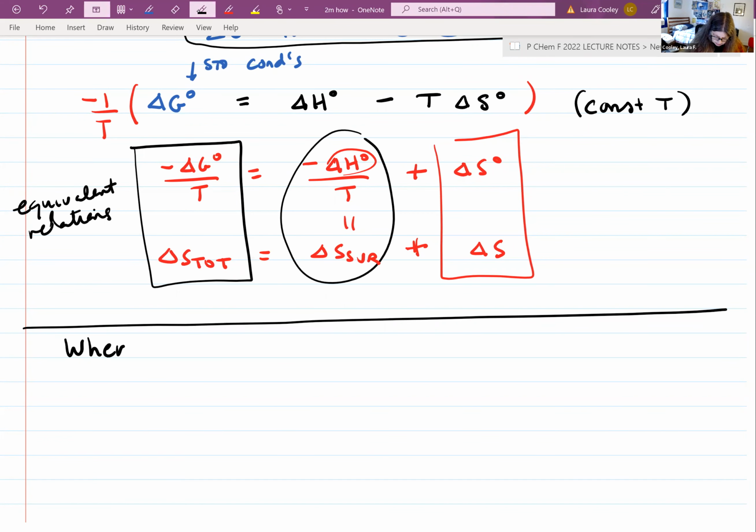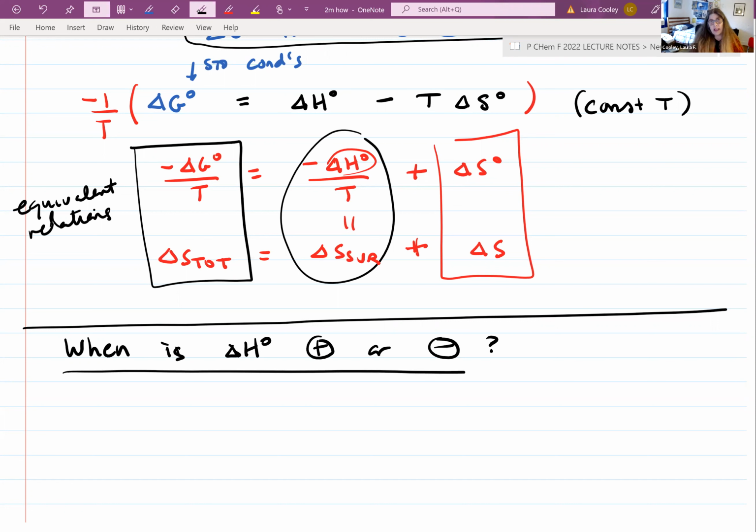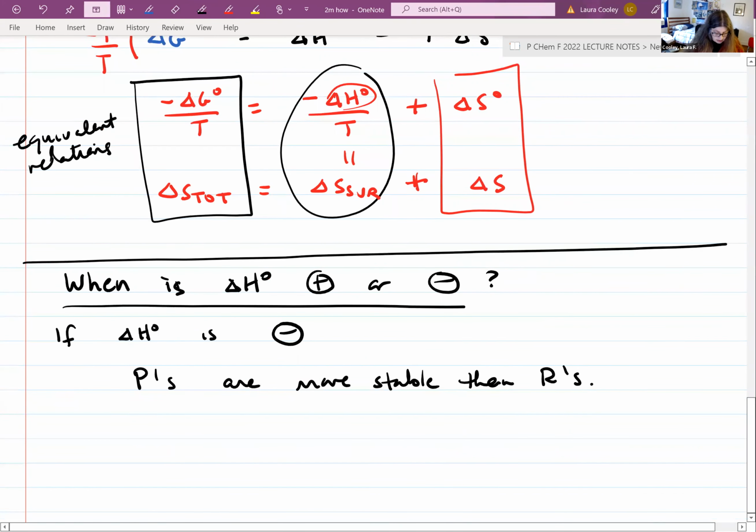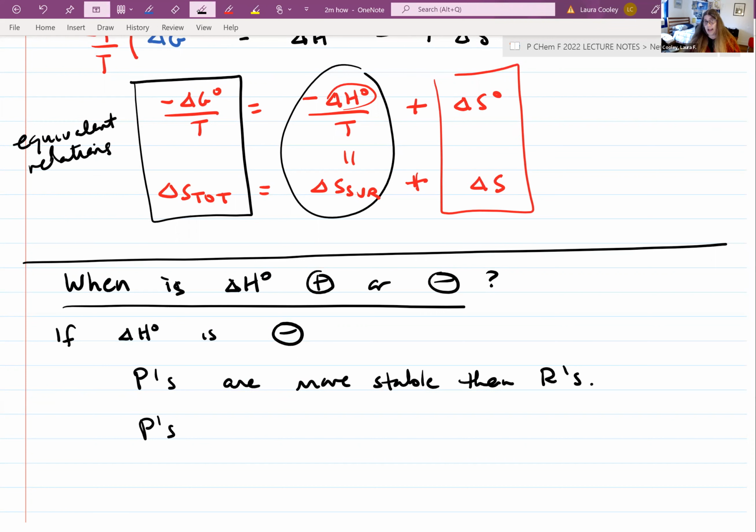I'd like to talk a little bit about when delta H is positive or negative. What this really has to do mainly with is the bonding situation. So if delta H is negative, it means that the products are more stable than the reactants. That means that the products either have more bonds between the atoms than the reactants did, or maybe they have stronger bonds.